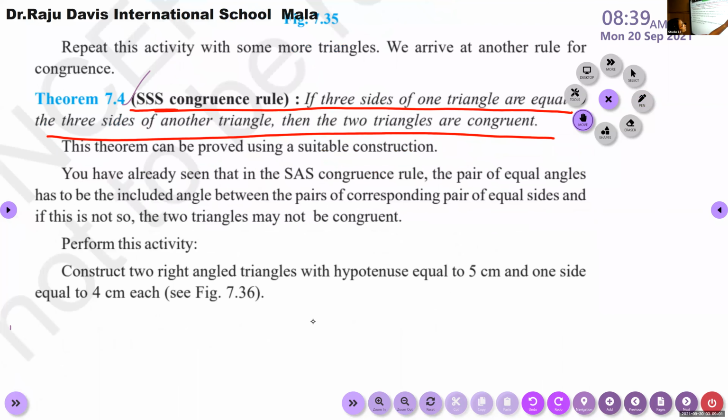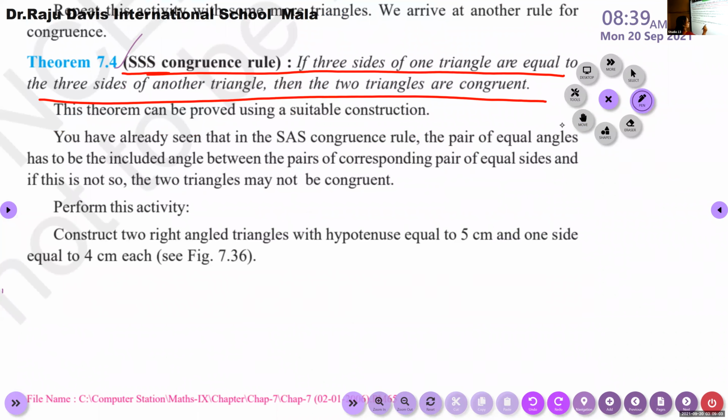We will draw two triangles, ABC and XYZ. Draw these two triangles.